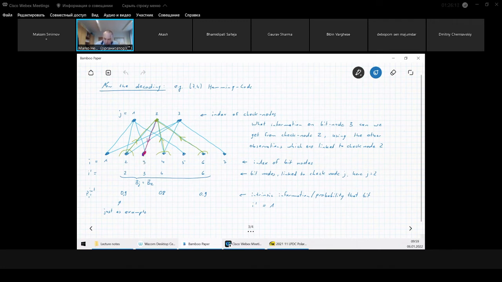This will result in an improved estimate here on the probability of bit node 3 to be a 1 or a 0. And in this way, we basically can improve all these probabilities down here, using this in an iterative manner, passing back and forth this information, improving our estimates here. So this is already the very basic principle of how this will work.